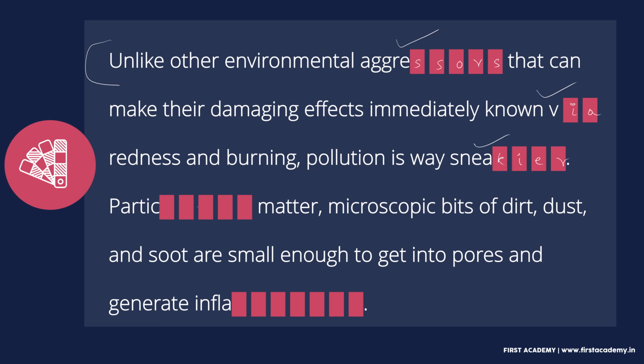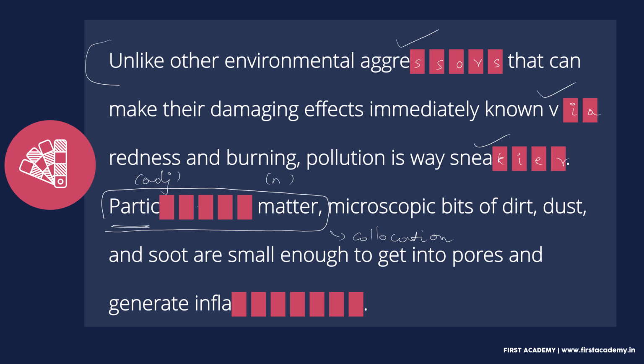Now let's move on to the second sentence, where the first word is talking about some sort of a matter. Now we already have a part of the word and we have the word matter. So this is an example of a collocation. Now matter is a noun, so this word will become an adjective which is related to the word partic.